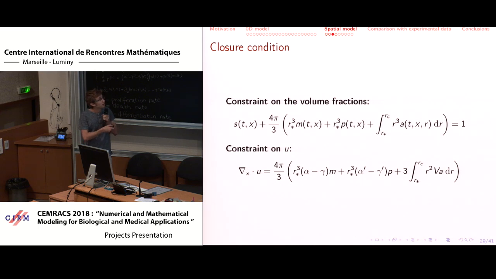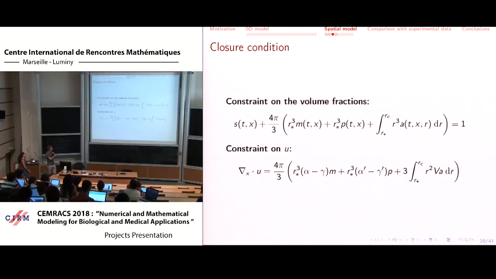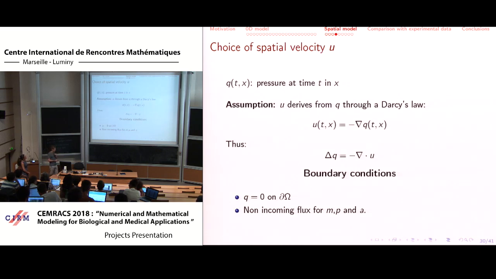And summing all the equations of the model, we end up with a constraint on U, that is a constraint on the divergence of U, which is equal to this quantity. And now we need a way to define the velocity.